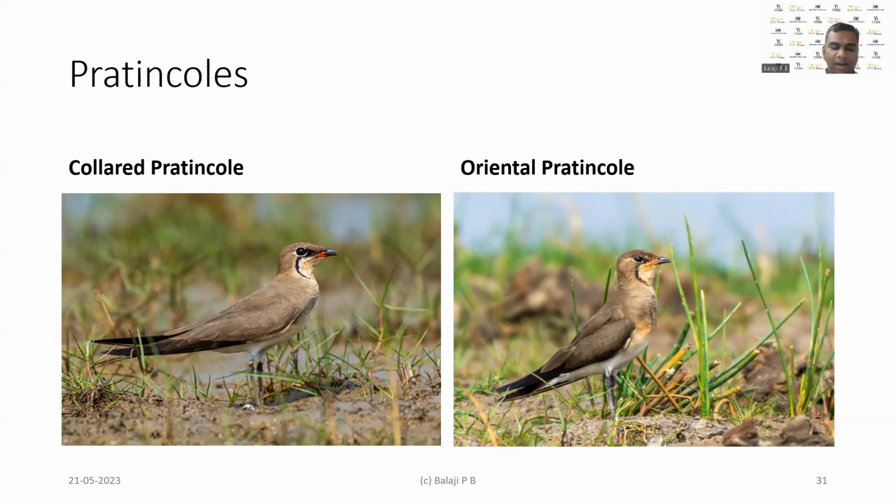The main differentiating factor between them is that in the collared Pratincole, in its resting position, the streamers extend beyond the wingtip. Whereas in the oriental Pratincole, the streamers end much before the wingtip. So this is the main differentiating factor between the collared and the oriental Pratincoles.